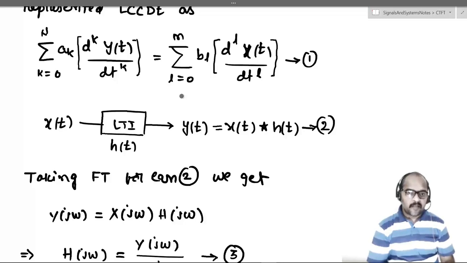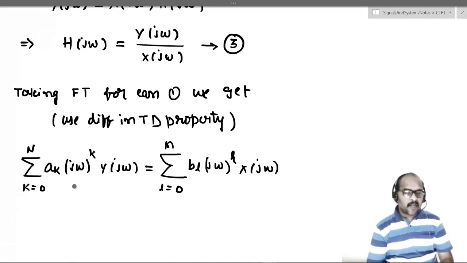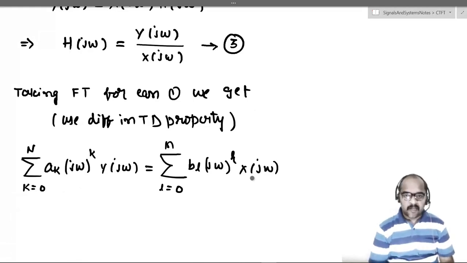After taking the Fourier transform, we got this. Note that Y(j omega) on the left-hand side and X(j omega) on the right-hand side can be taken out, because they don't contribute to the summation.